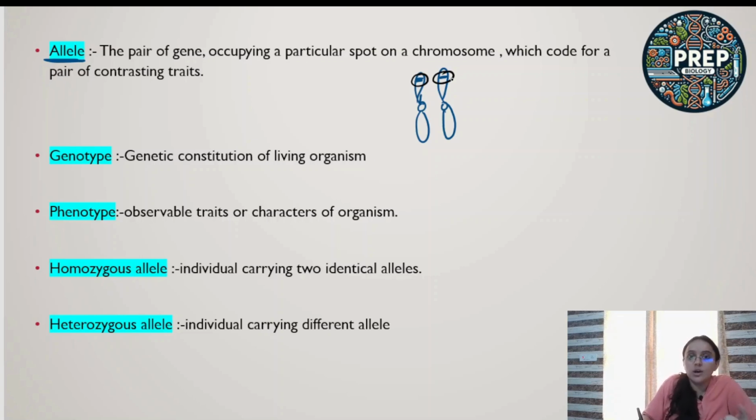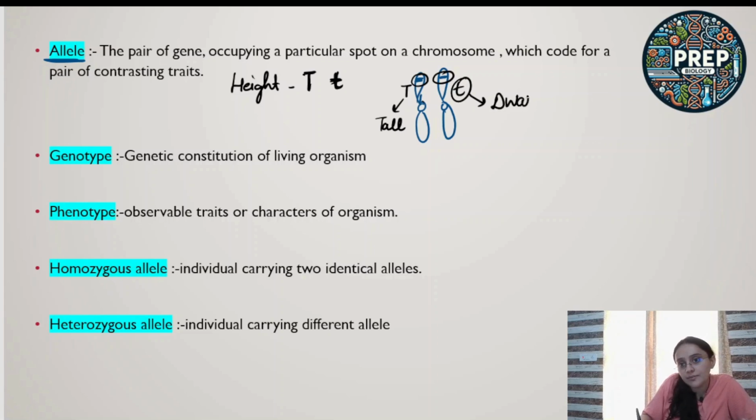These are the pair of genes which occupy the same location on the chromosome and code for contrasting traits. If you have the height character with traits tall and dwarf, suppose this allele codes for capital T, which shows the tall trait, and this allele codes for small t, which shows the dwarf trait.